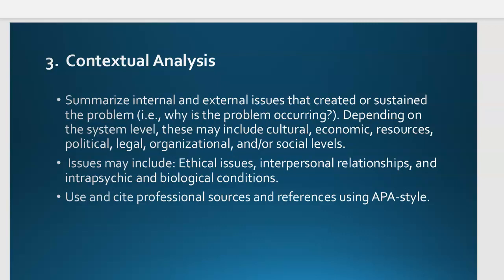Each case includes 2 or 3 additional readings, and these readings are what you can draw upon for your professional sources and references, as well as any other references or sources you might want to use from other books, other journal articles, or other online sources.